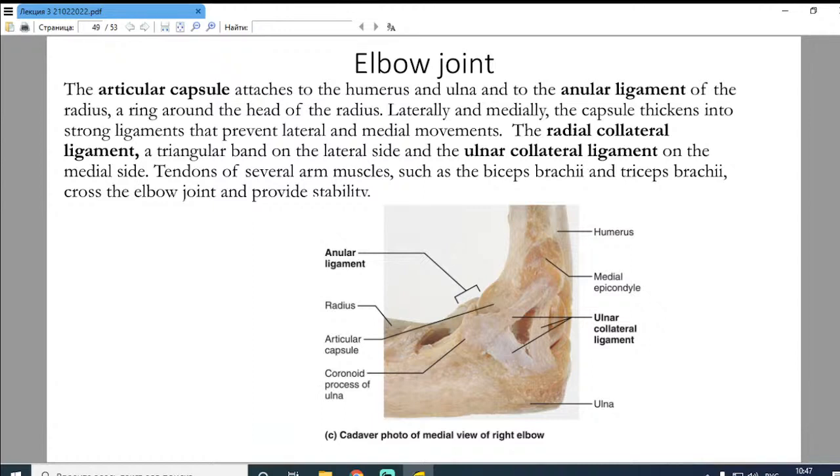Tendons of several arm muscles, such as biceps brachii and triceps brachii, cross the elbow joint and provide stability.